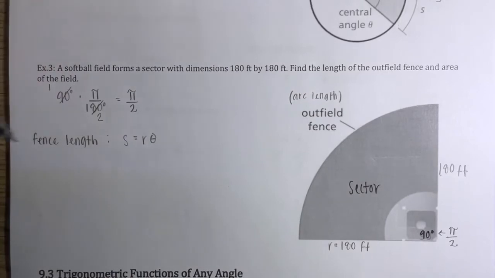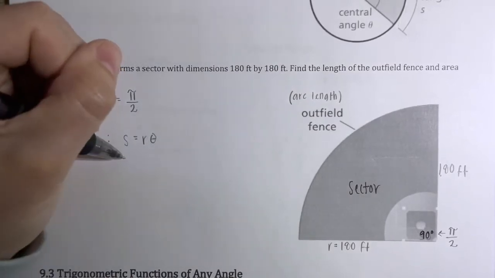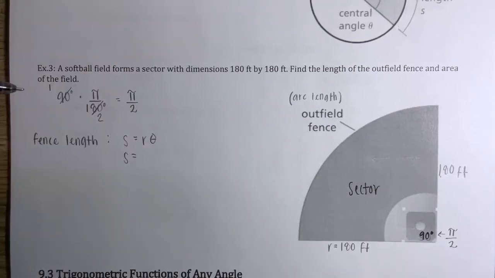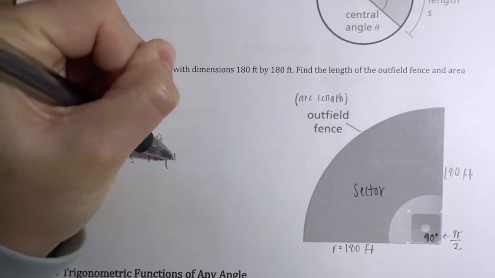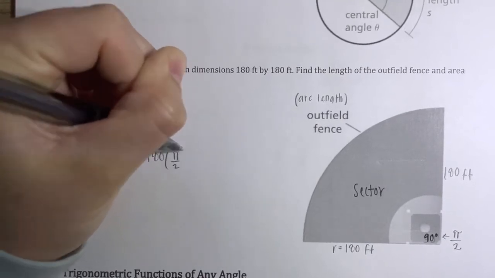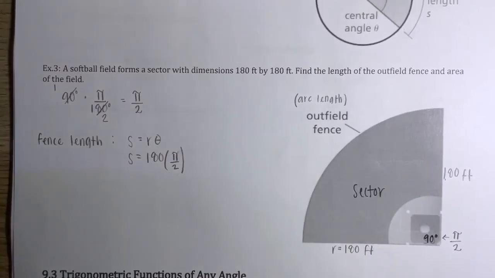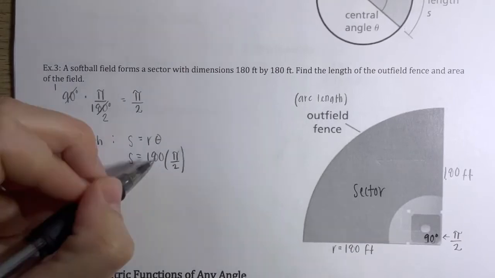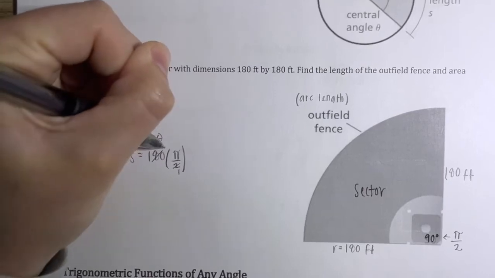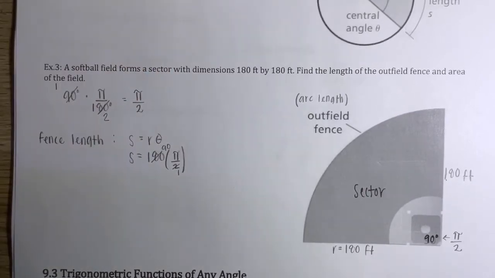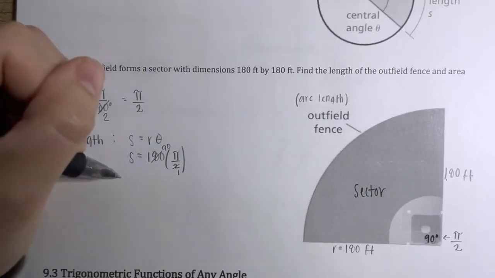So we know our radius, that's 180, and we know theta. So we're able to figure out what the length of the fence is now. S equals R times theta. It's 180 feet times theta, pi over 2. And then the 180 and the 2, we can cross cancel there. The 2 becomes a 1, the 180 becomes a 90. So we're multiplying 90 times pi.